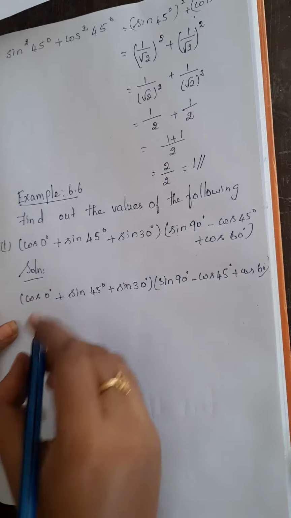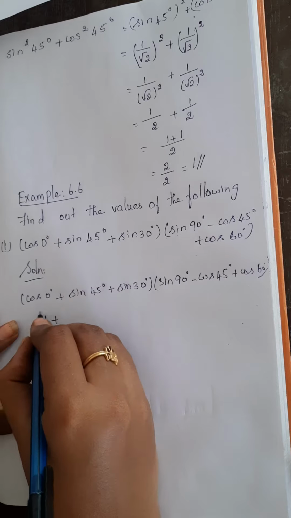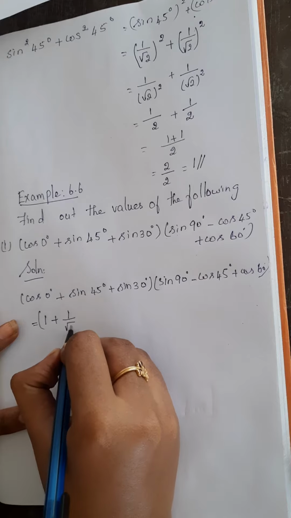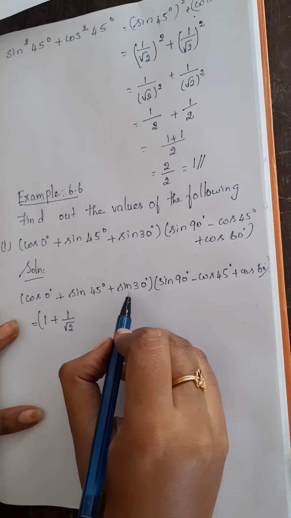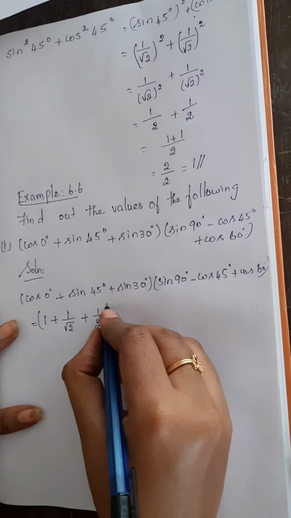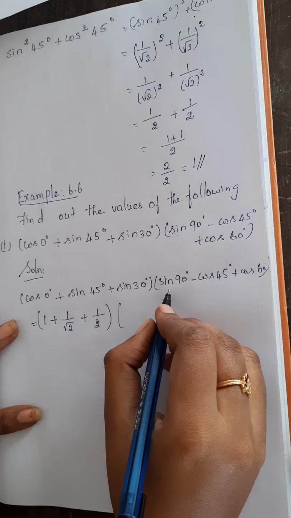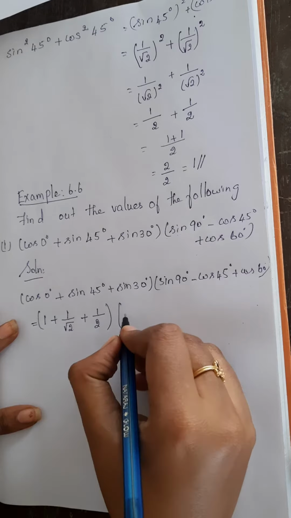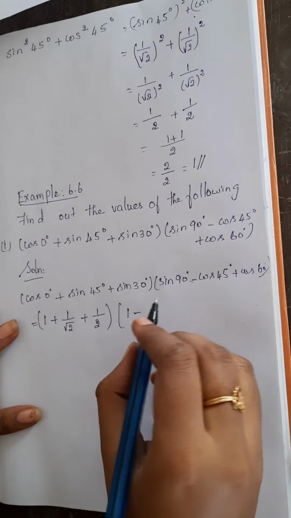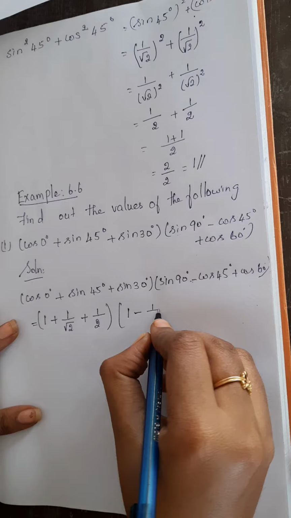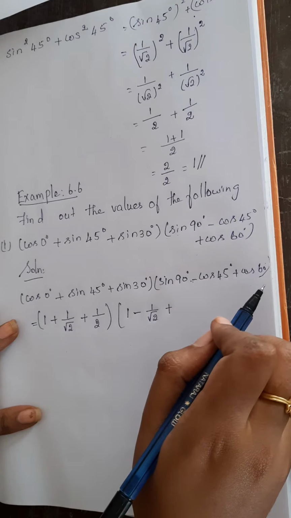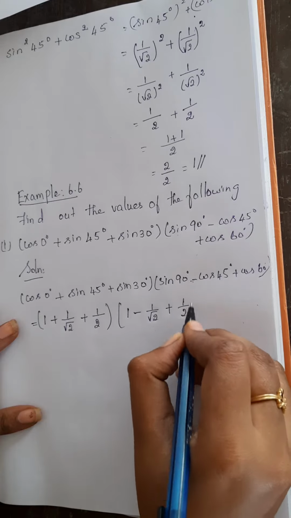Cos 0 degree value is 1 plus sin 45 degree is 1 by root 2. Sin 30 degree is plus 1 by 2. Okay. Next. Sin 90 degree value is 1 minus, cos 45 degree value is 1 by root 2. Then plus cos 60 degree value is 1 by 2.